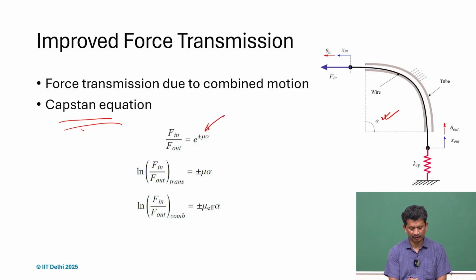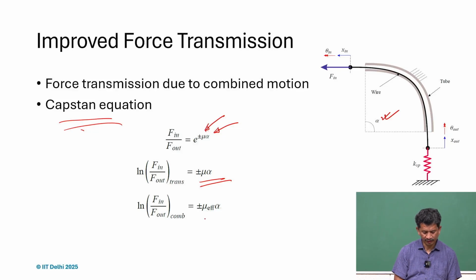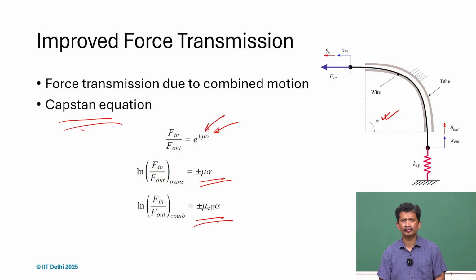So the ratio is well defined. F in by F out is simply e to the power plus minus mu alpha, depending on which way we are trying to move. If we take the log of this, we simply get plus minus mu alpha. When it's simply translatory motion, we can write it that way, and when we combine, we just write it in terms of mu effective, and alpha is still there.